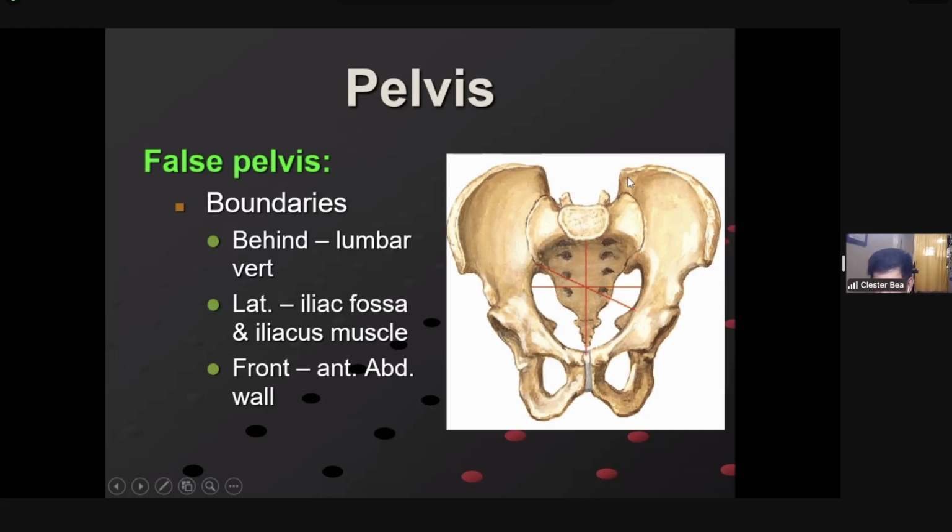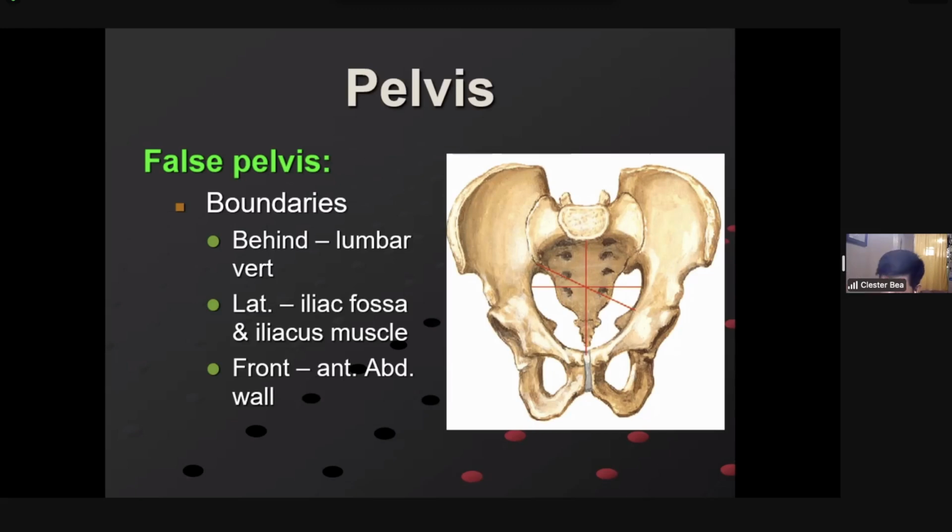And anteriorly, look at the anterior boundary of the false pelvis: the anterior abdominal wall. So why is the anterior abdominal wall of the false pelvis made up of muscle instead of bone? Because in the body, the pelvis is slightly tilted forward.